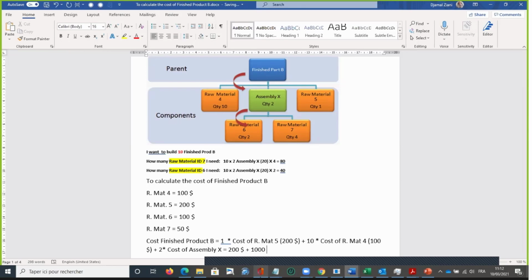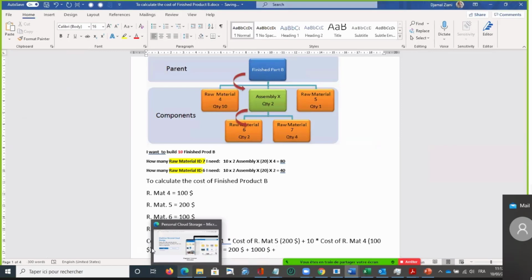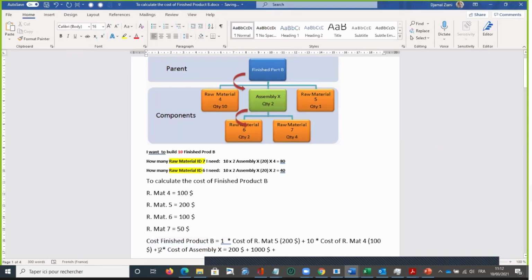And the last thing, plus this one that I don't know. Okay, I take it as it is. Okay, now I know this is what it is. 1020.